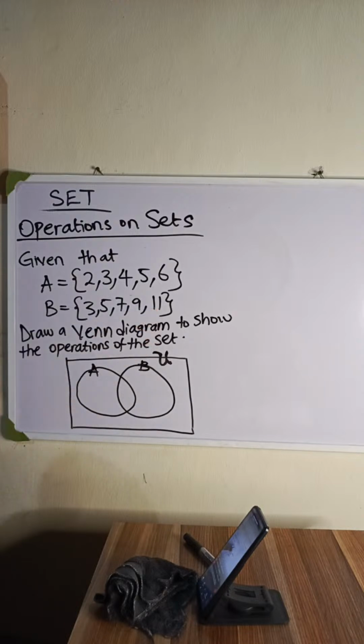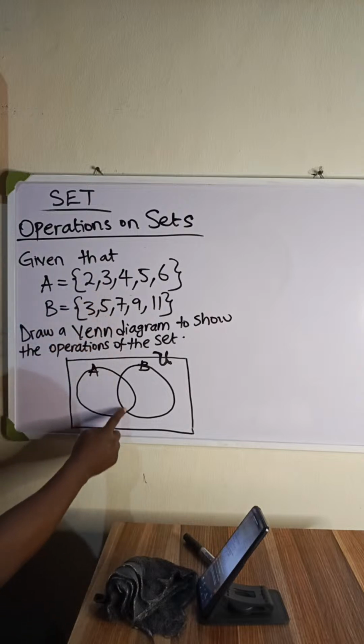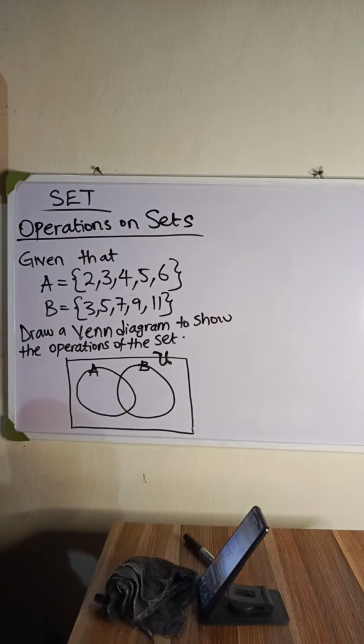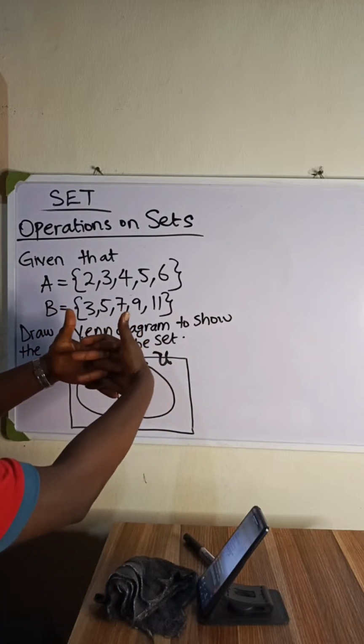So the first thing we draw out is the intersection. Remember, the intersection are the elements that can be found in both A and B. From what we did earlier, the intersection is 3 and 5. So this space here is used to represent what is common between A and B, where they come together.